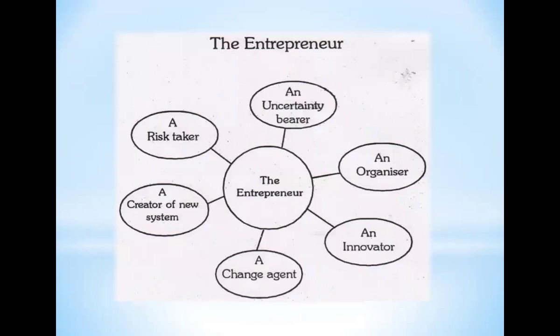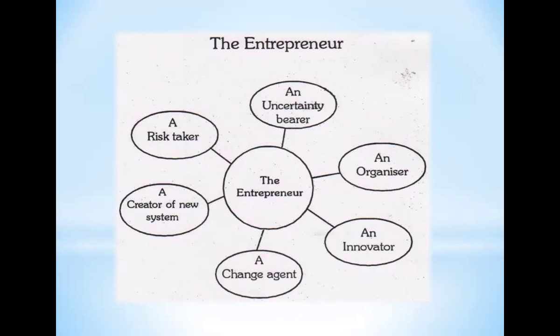It's a clear picture of the entrepreneur that the entrepreneur should be a risk taker. That means he should be ready to take all the risk involved in the business, like the internal and external risk, and he must be an organizer. That means he should have the skill to organize all the available resources of the business. Also, the entrepreneur should be an innovator.